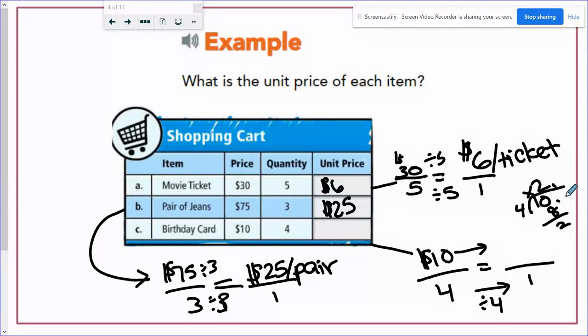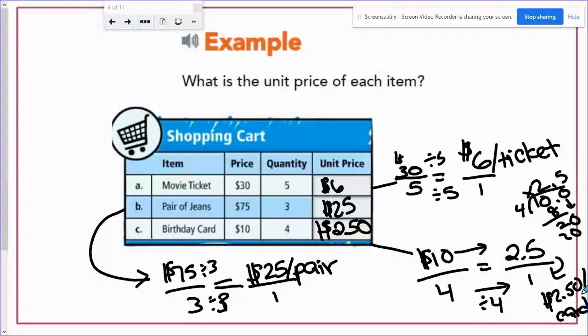And we're going to keep this problem going by adding a decimal and a 0. 4 goes into 20 5 times, and that's exact. So it would be 2.5. If we're going to write it as money, it would be $2.50 per card. Again, taking the cost and dividing it by the number of items to get the cost per item, or for one item.